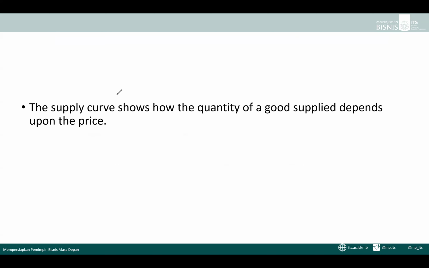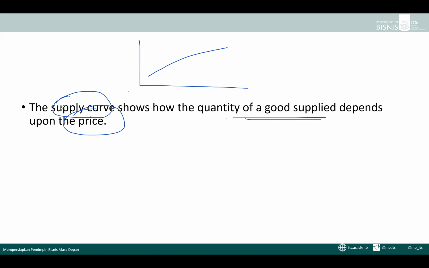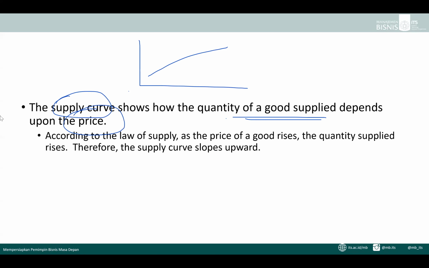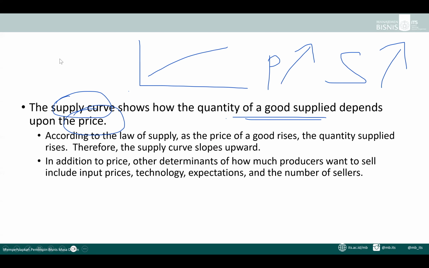Next, we have the supply curve, which shows the quantity of goods supplied, which depends upon the price. So this is the supply curve. We have the law of supply, which says that if the price of a good increases, this will lead to an increase in the quantity supplied.